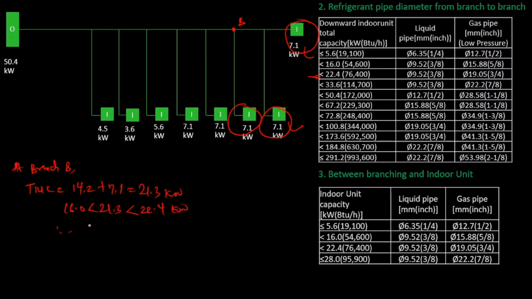Therefore, the liquid pipe size to use is 9.52 millimeters, while the right gas pipe to use is 19.05 millimeters. That's this and this. Okay, so that's for branch B.